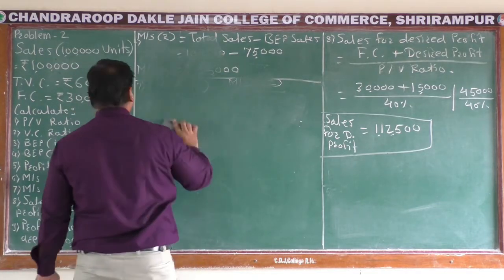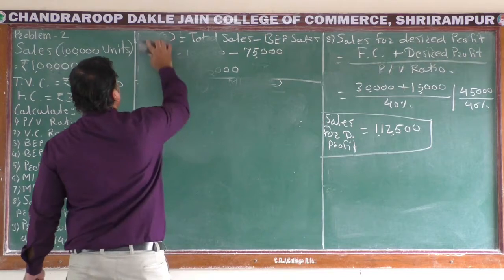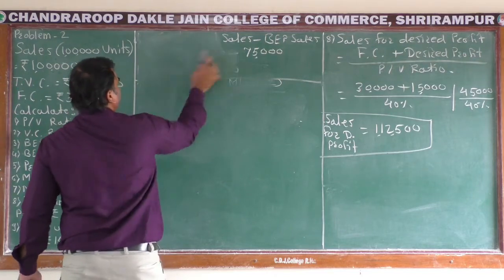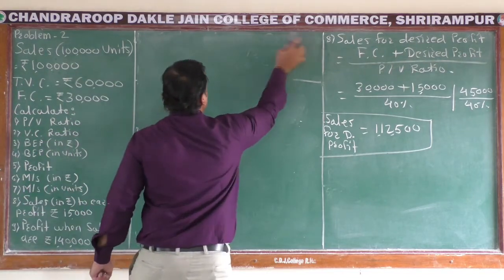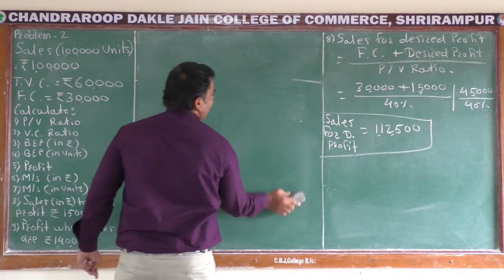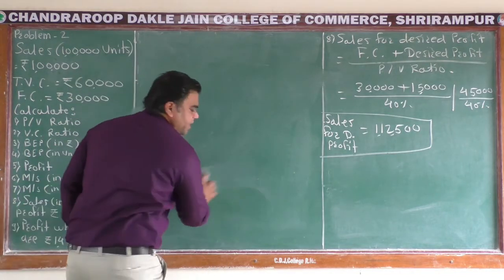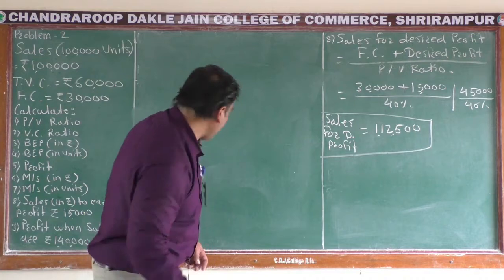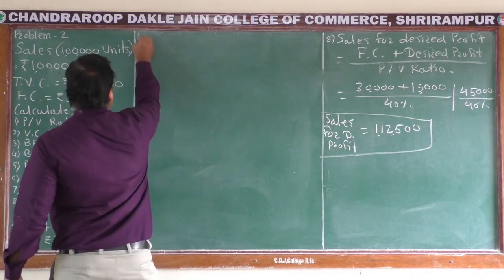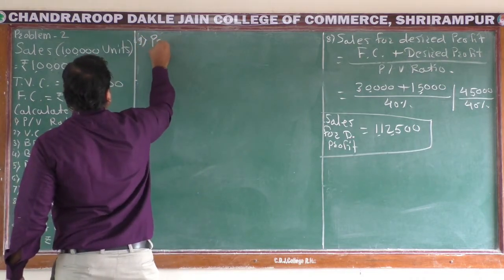What will be the amount of profit when our sales are rupees 1,40,000? So item number 9, the amount of profit.